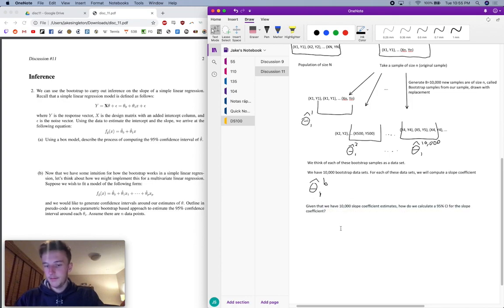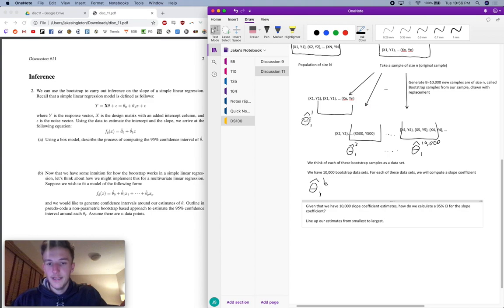This is actually pretty simple. All we're going to do is line up our estimates from smallest to largest.